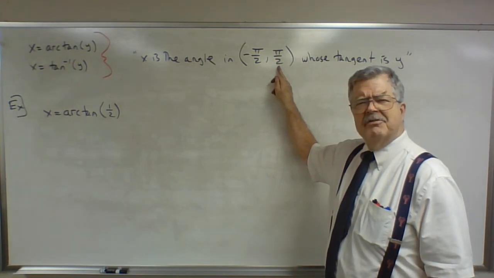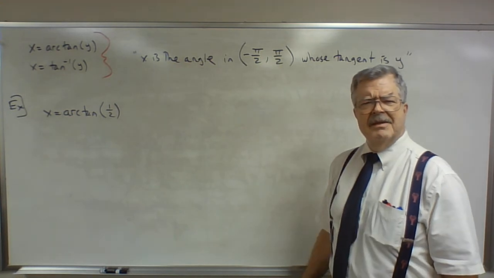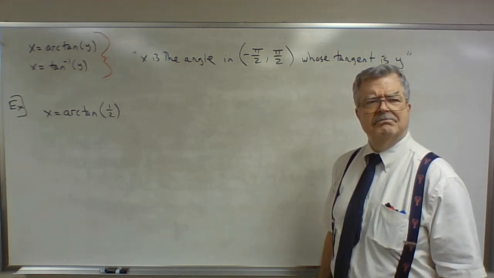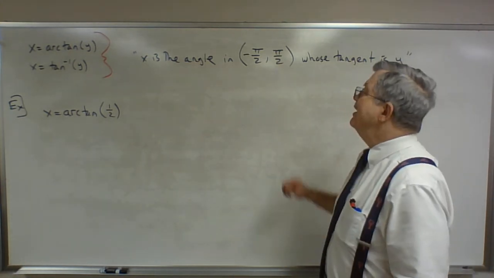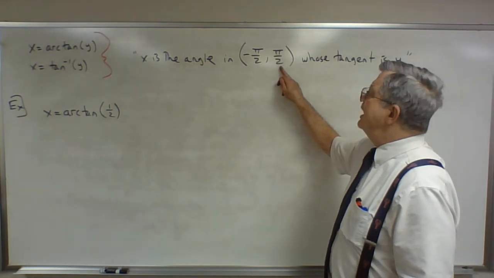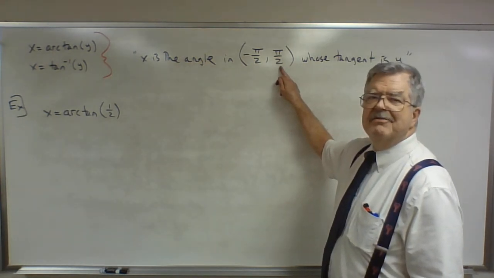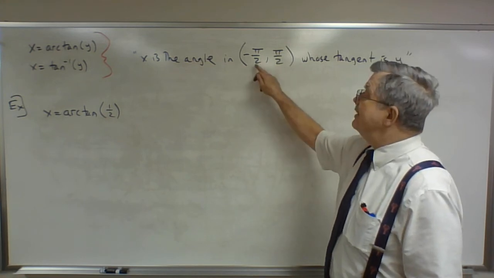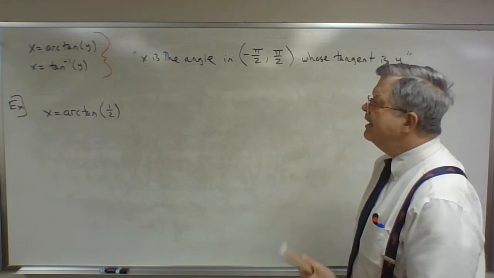Sine of pi over 2 over cosine of pi over 2. And what's cosine of pi over 2? 0? If x is pi over 2, then tangent of pi over 2 is undefined because cosine of pi over 2 is 0. Same thing with x equal negative pi over 2.